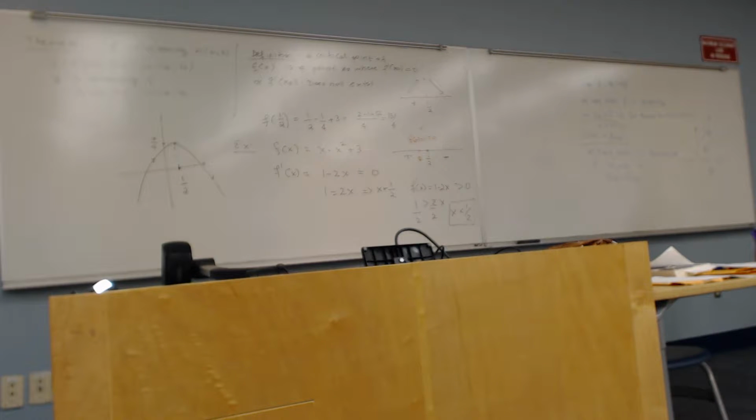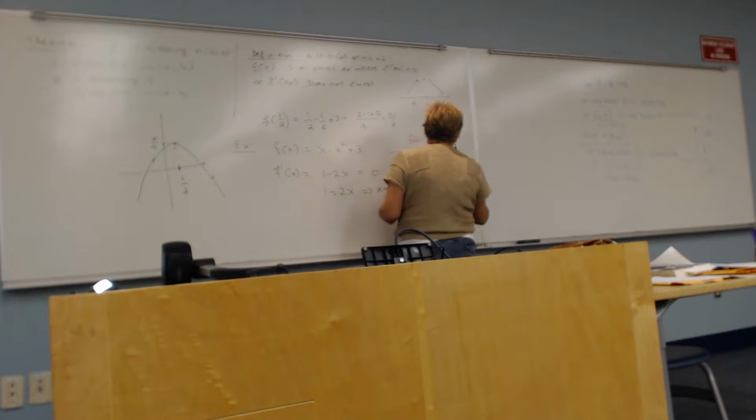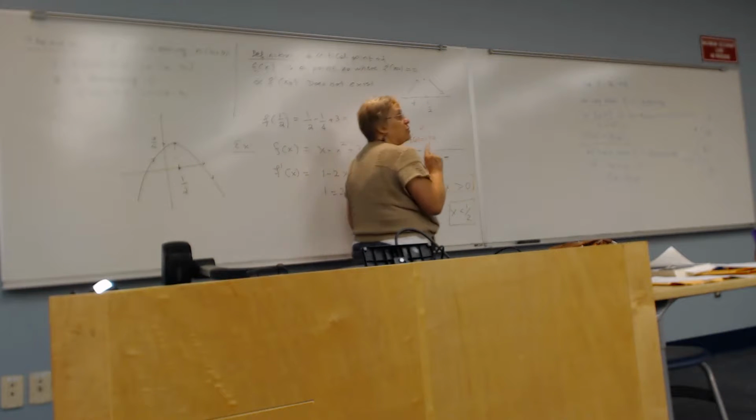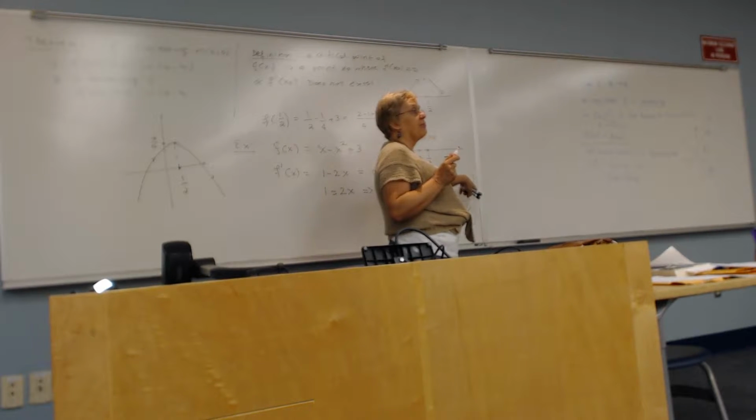Yes. I understand when you get x is less than a half, but from there, I don't see the connection. So I studied the inequality. My question is, for which values of x is the derivative positive?